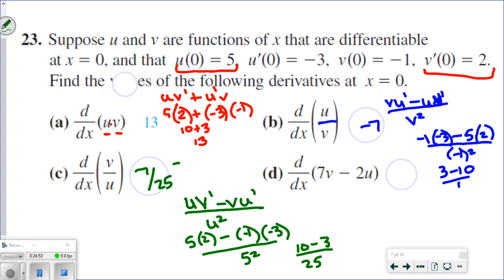Now D should technically be the easiest one because do you see how this isn't really the product rule. This is just a constant times a value. So if you think about just the plain function 7x, well, the derivative of 7x is 7.